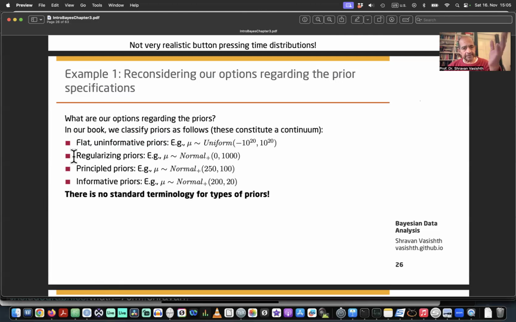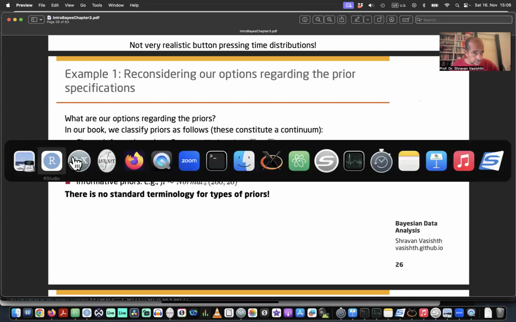And these are priors that somehow constrain the parameter's support such that you don't get an unconstrained range of values. What I mean by that is that an example of a regularizing prior would be something like this, the one that I'm showing you here.